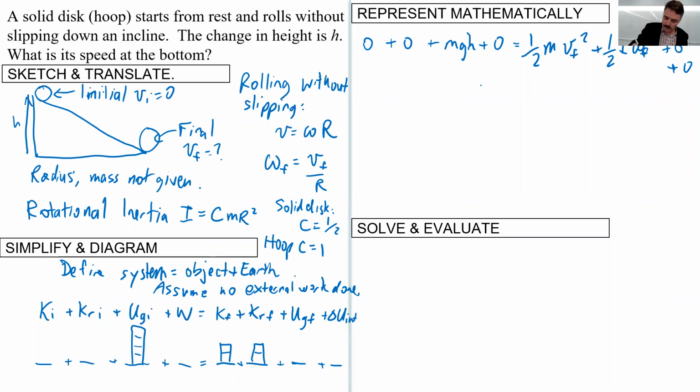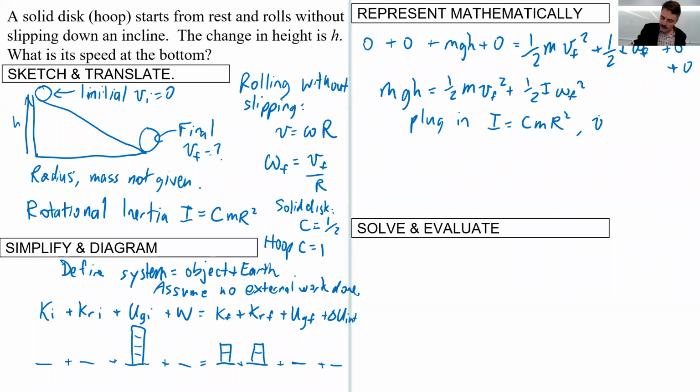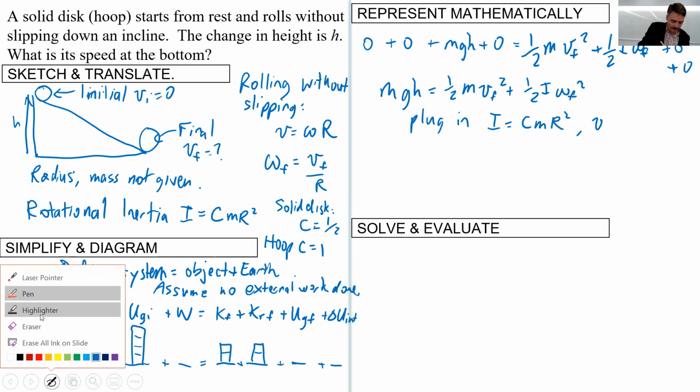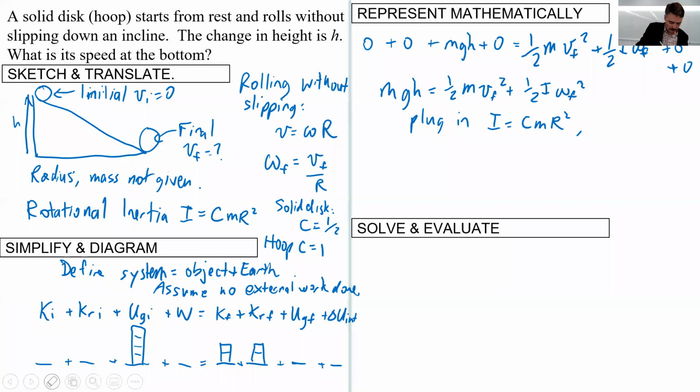So just rearranging it, you've got mgh is equal to 1/2 m times v final squared plus 1/2 I times omega final squared. And what we're going to do is just plug in that I is equal to cmr squared, and that omega final is equal to v final divided by r.